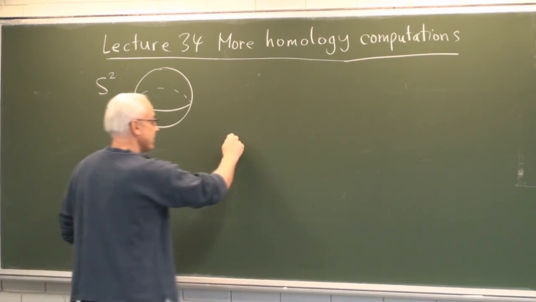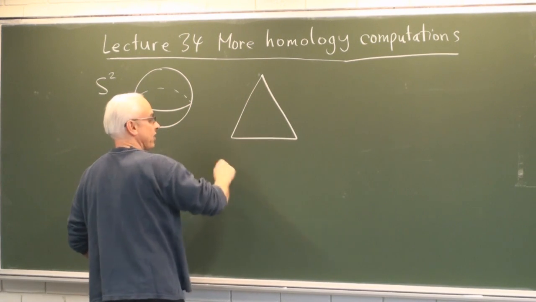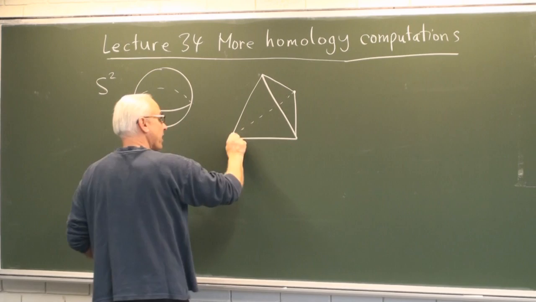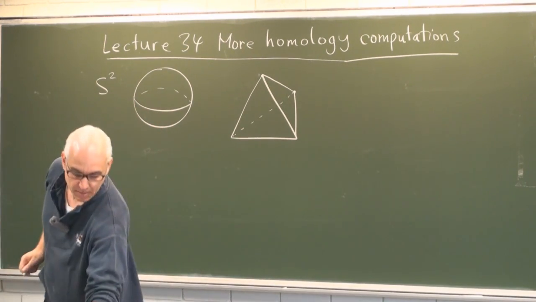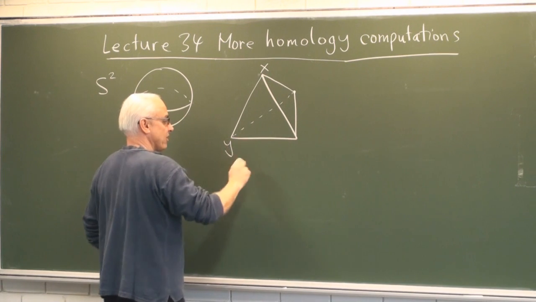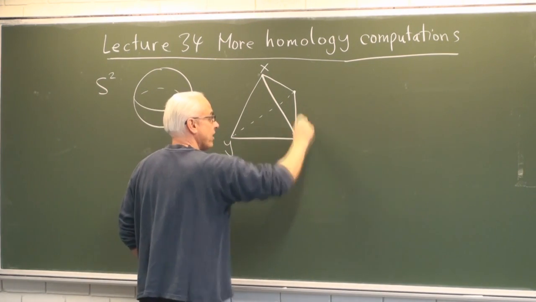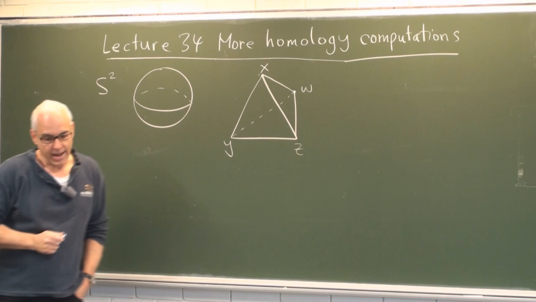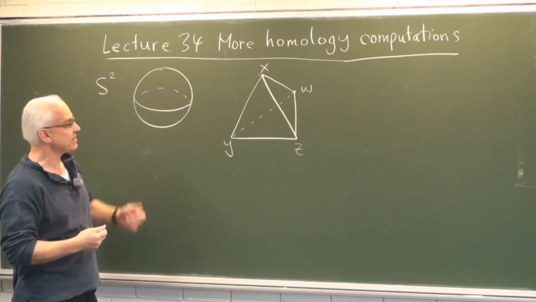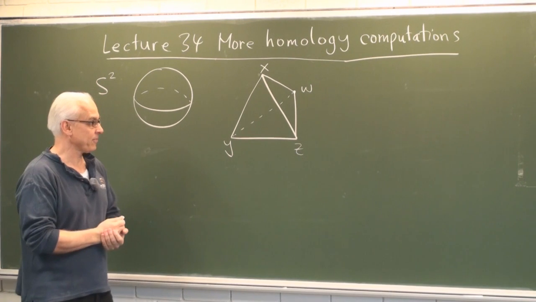So let's do that. So here will be our tetrahedron, and the edge at the back there. And let's give it some labels. Call the vertices x, y, z, and w. And let's then write the space as a bunch of simplices.